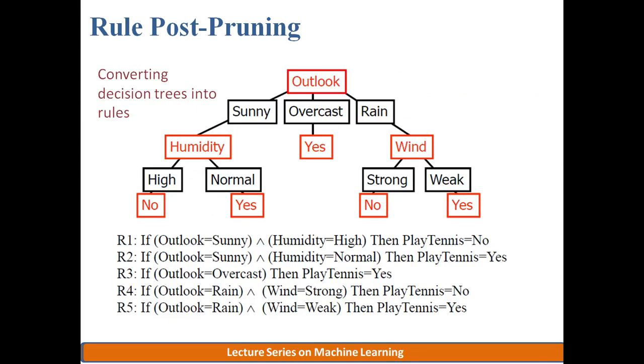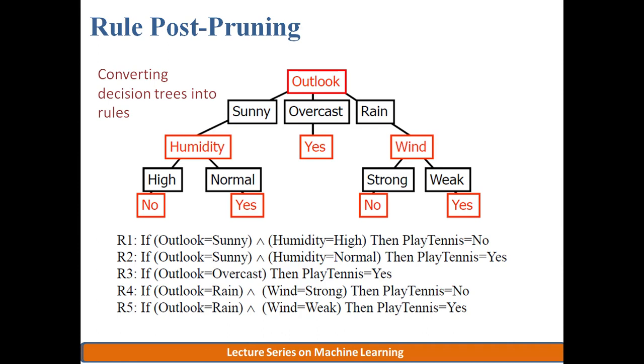This is how we can convert the decision tree into rules. If we start traversing from root to leaf: if outlook equal to sunny and humidity equal to high, then play tennis equal to no. The if part is called the antecedent and the then part is called the consequent.